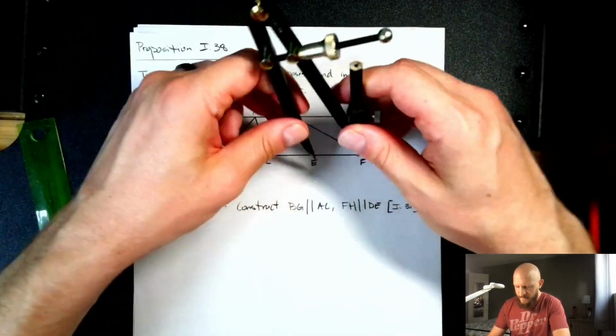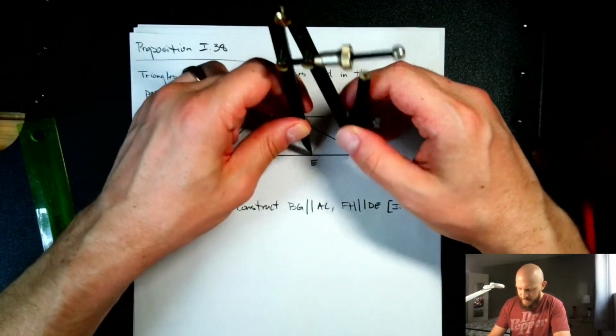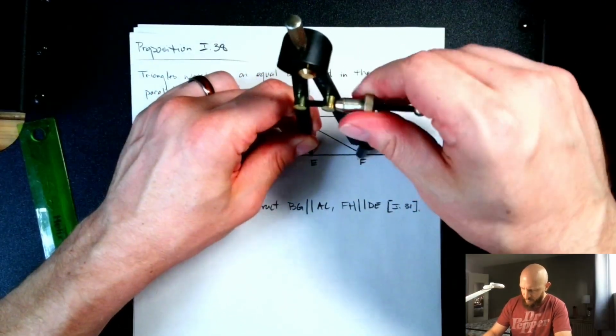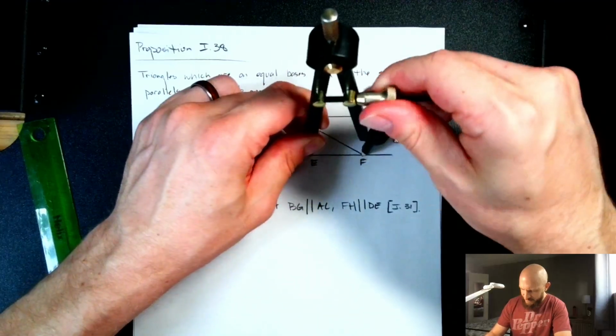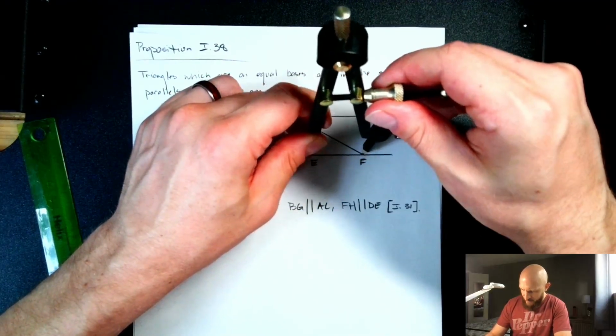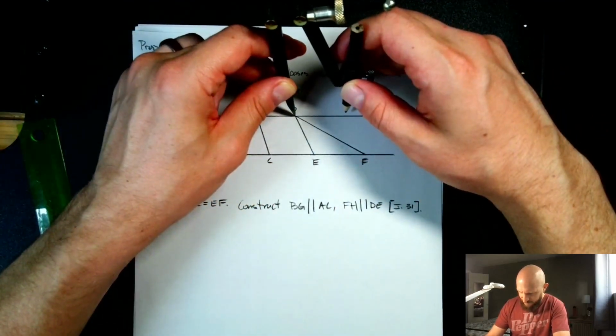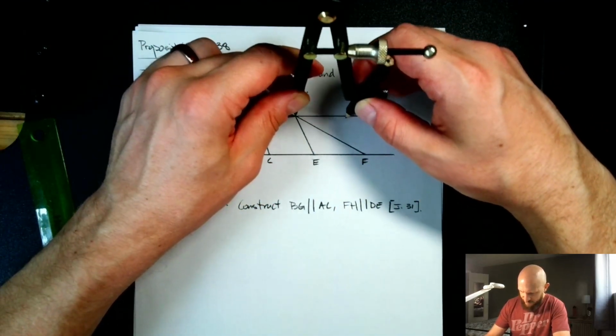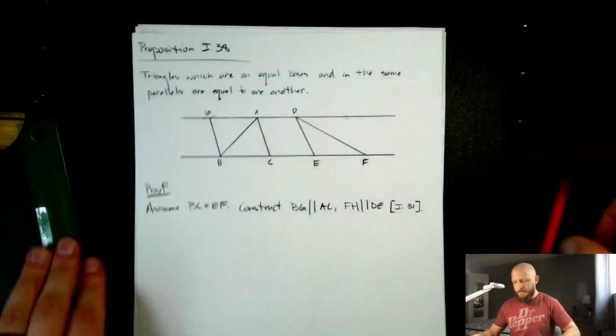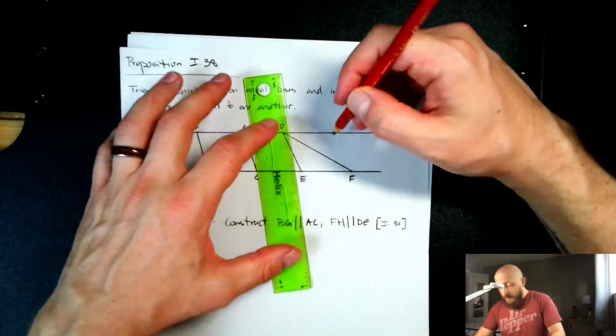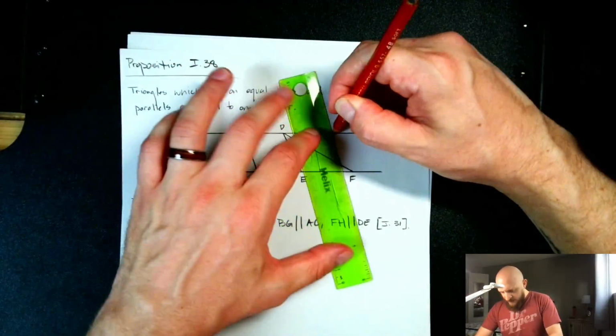Same thing with DE. Maybe this time I will use EF, because we know from one of the previous propositions that in the parallelogram, which is what we're trying to create, the opposite sides are equal length. So it really doesn't matter. It should come out to the same thing either way. But we'll do it two different ways.